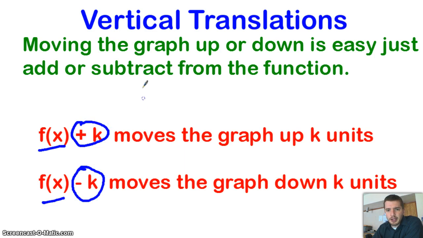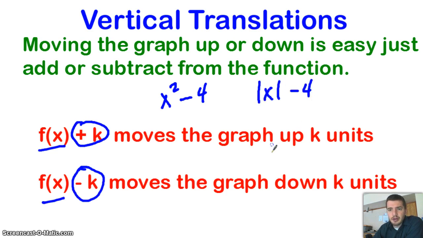For example, if I gave you a quadratic function like x squared minus 4, here's my function, and I'm going to move it down 4 units, and that's it. If there's something on the outside, like the absolute value of x minus 4, this would be taking the parent graph, the absolute value, and moving it down 4 units.